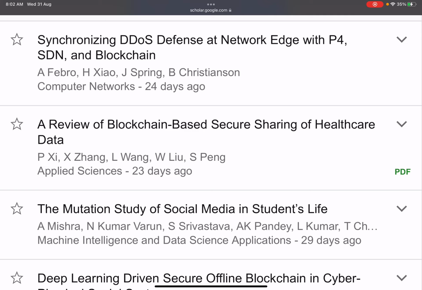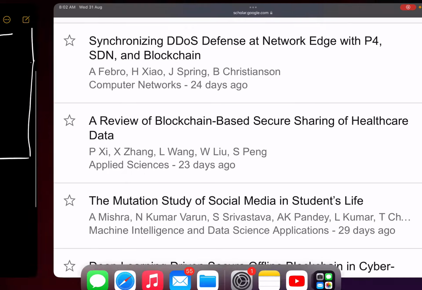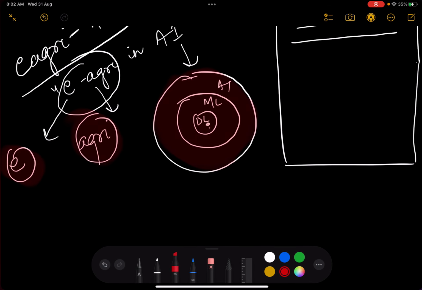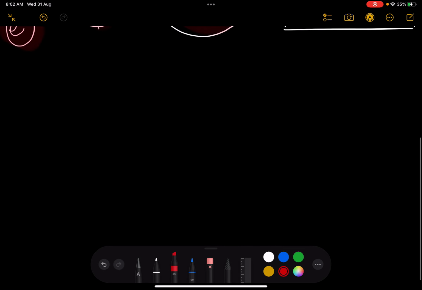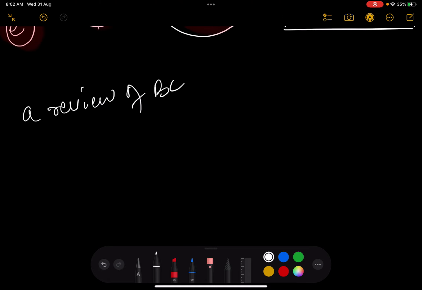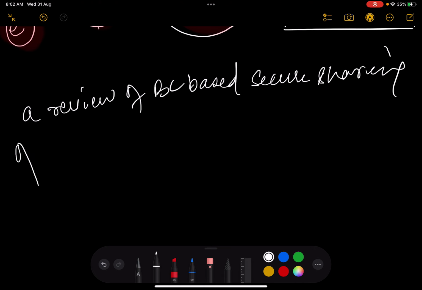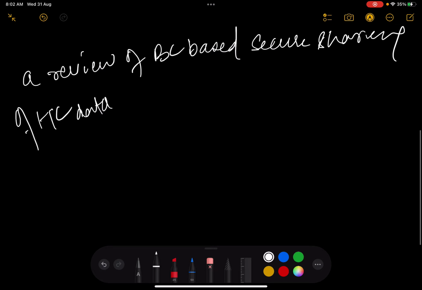And then we're talking about healthcare data, right? So, a review of blockchain based secure sharing of healthcare data.